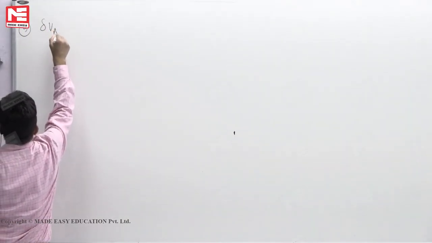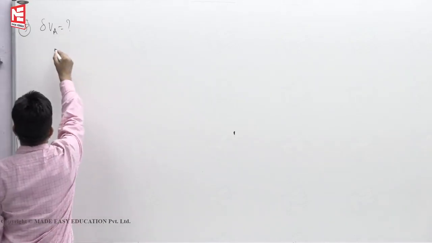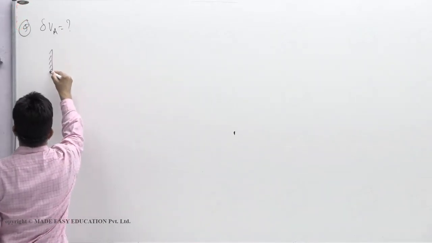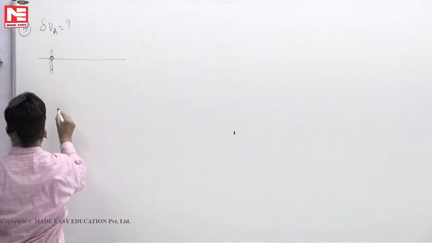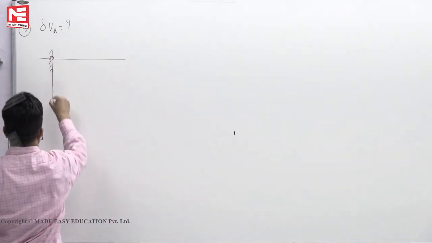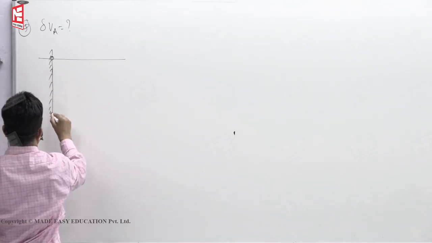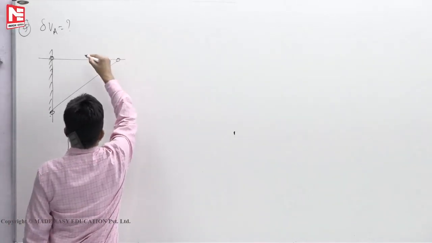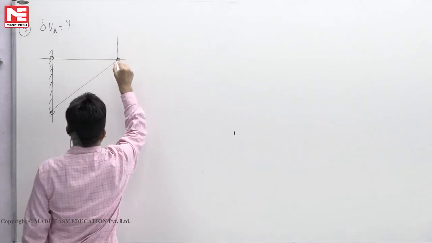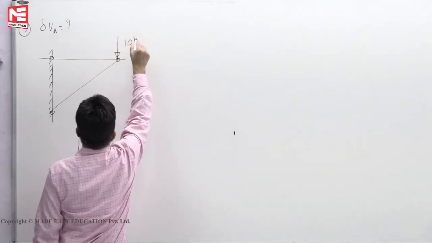Find delta, the vertical displacement of A. This is a simple truss, 2 members or 3 members only, they have to give us because of the time constraint.